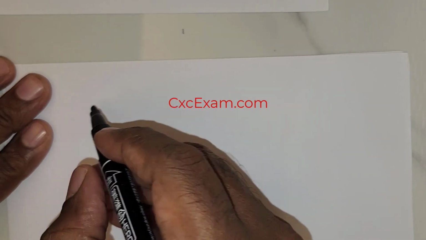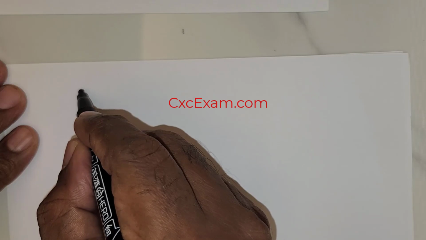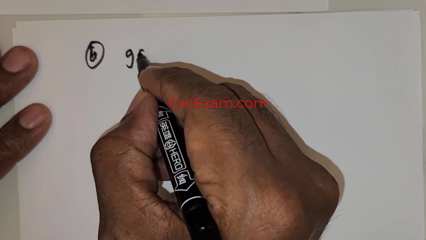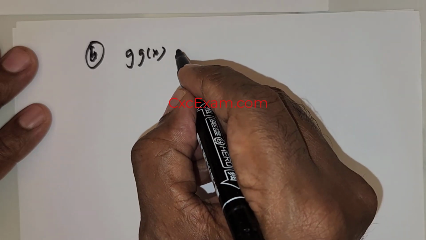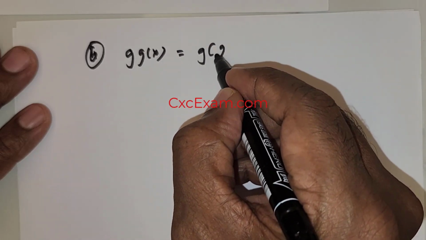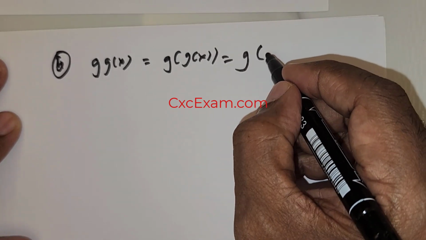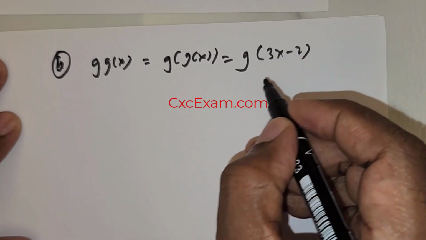Now we have to next find, this is part B, we have to find g of g of x. Now g of x is 3x negative 2.